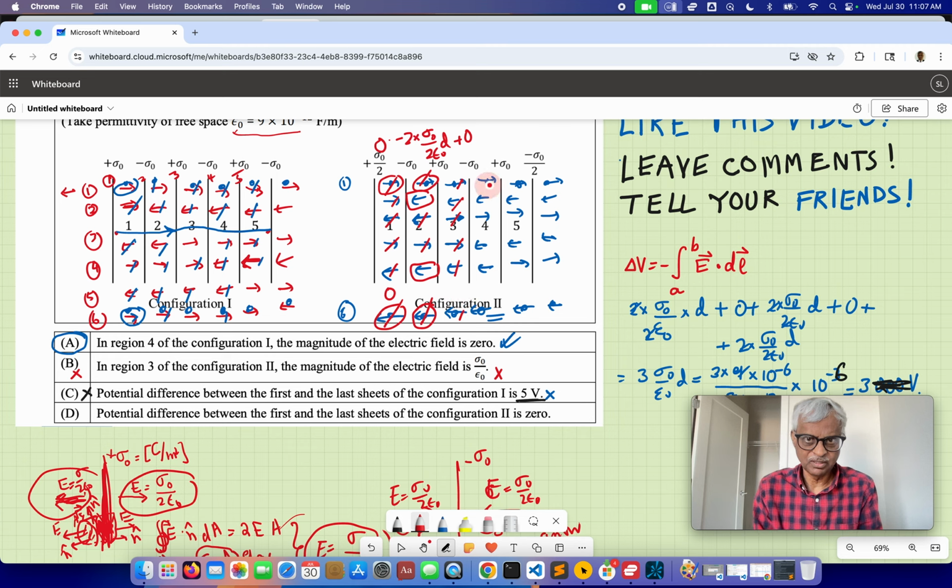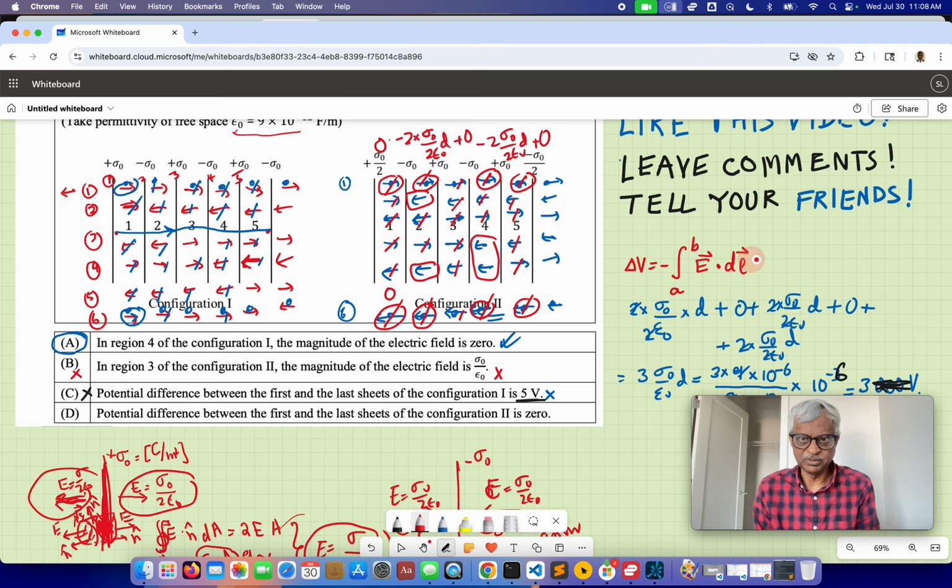Already know it's cancelled out. This guy cancels this guy, this left cancels right, and this adds minus 2 sigma 0 over 2 epsilon naught d. This cancels that, this cancels that, plus 0. So you have regions 1, 2, 3, 4, 5 all worked out.